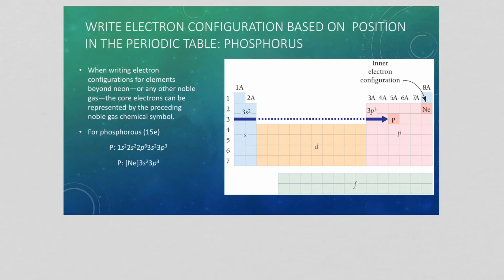So if we look at the periodic table here, and we say, for example, phosphorus. Phosphorus has 15 electrons. If I start at the beginning of the periodic table and go left to right across the periods, I know my first 2 electrons go into the 1s, right?